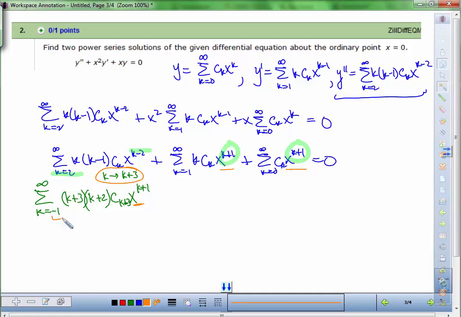Now we're going to take the starting point, which is 2, and then instead of adding 3 to it, we're going to subtract 3. Okay? So that's how you shift indices. It's really simple if you just remember that little trick.